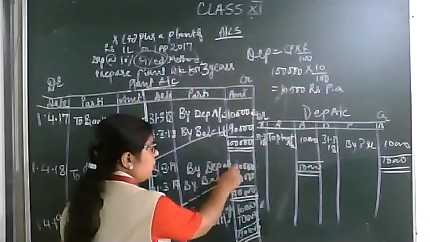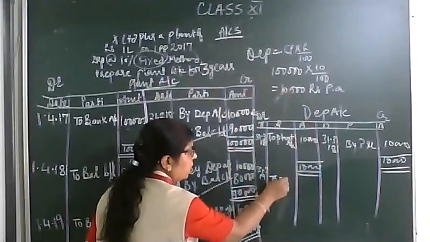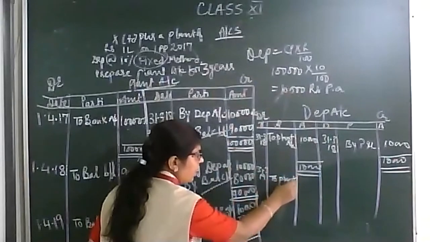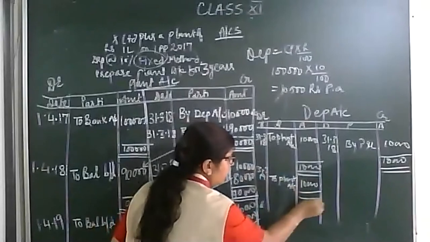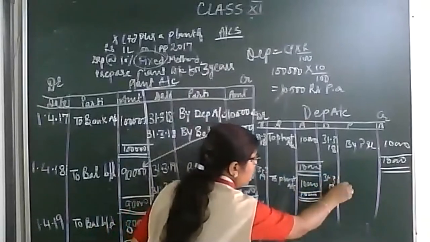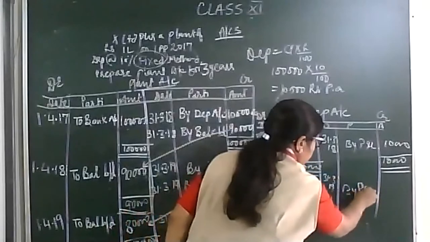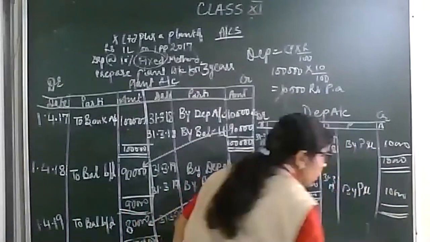Now next year, 31st March 19, to plant account, that is 10,000. Same way, 31st March 19, by P&L account, 10,000. Same way.